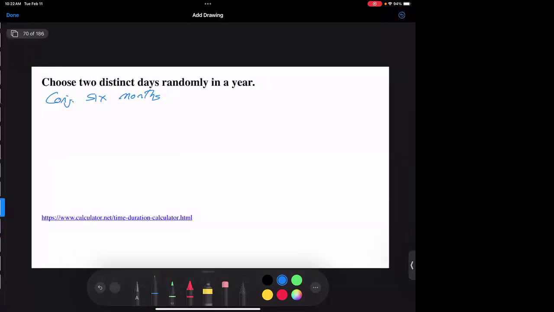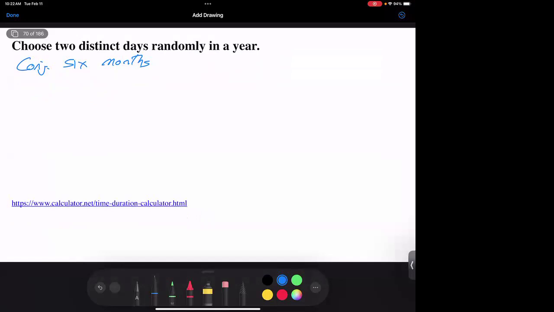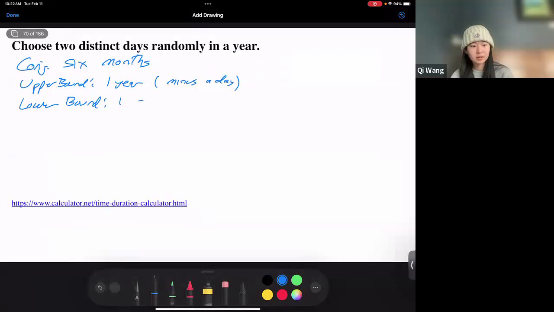And I like how you said that because then we don't have to worry about February 29th. Upper bound, 1 year. Or maybe minus a day. How about a lower bound? One day. 1 day, right?